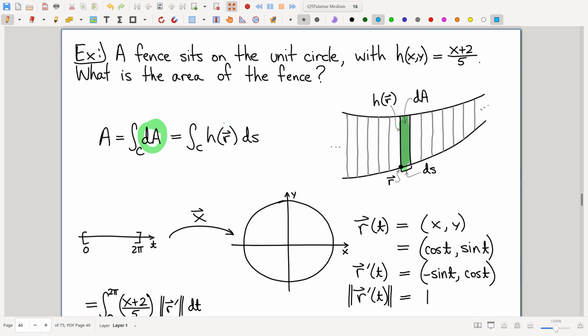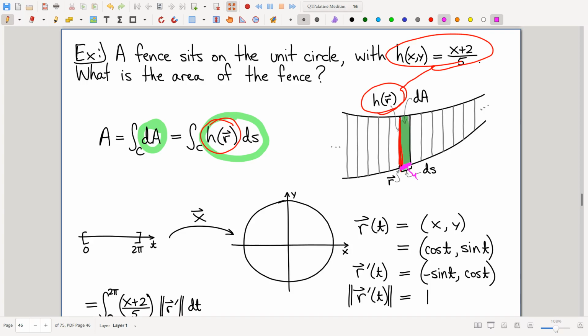Well, I claim the area pretty immediately. The area is going to be the height, which we're given, times the width.